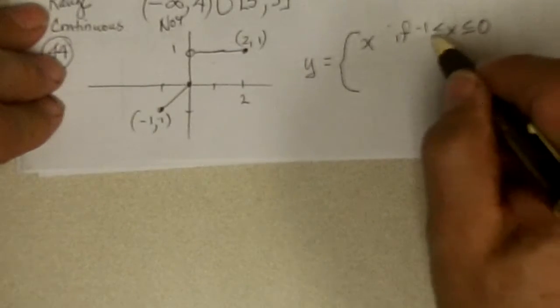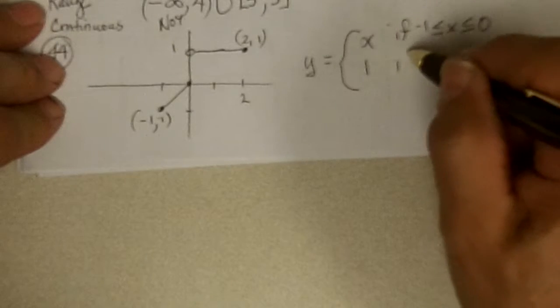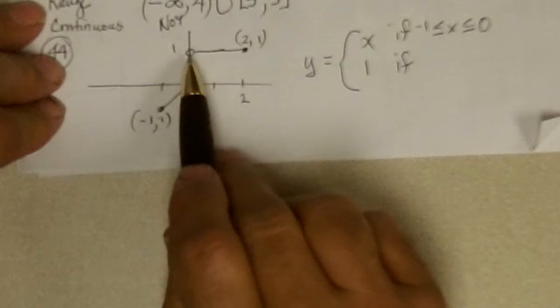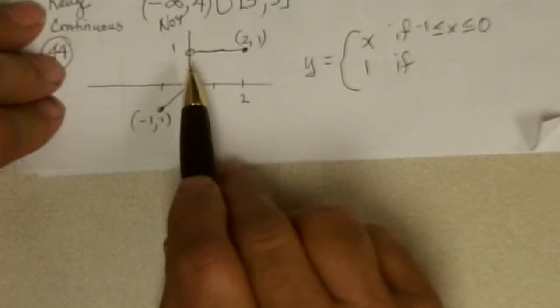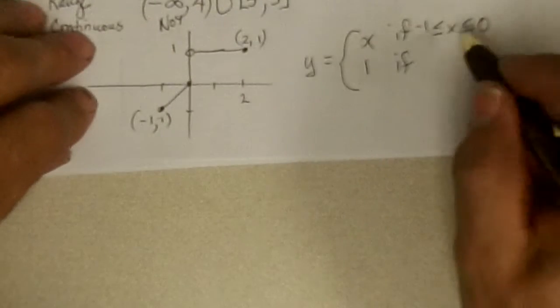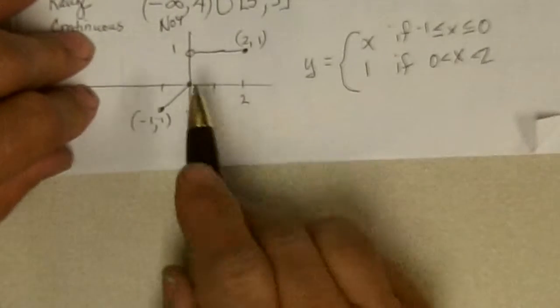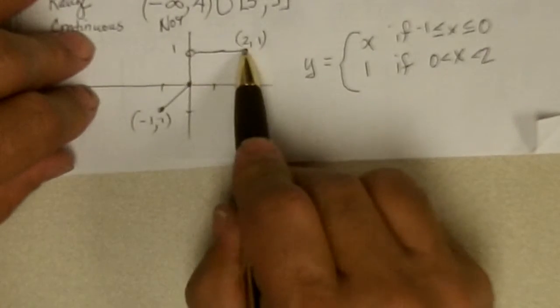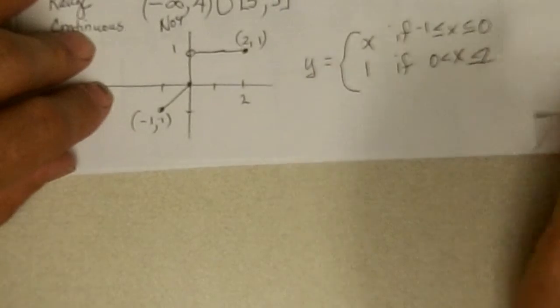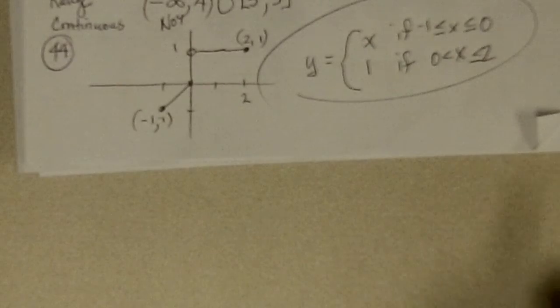So those are both equals. And this looks like y equals 1, and that's happening whenever x is between 0 and 2, and not including the 0 and including the 2. And that's 2.4.